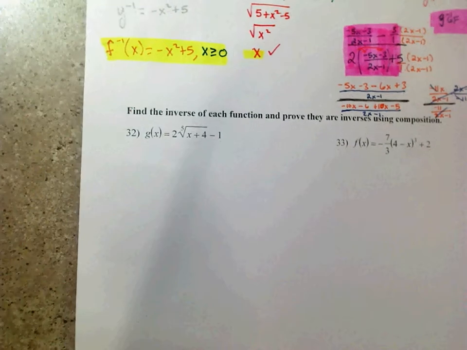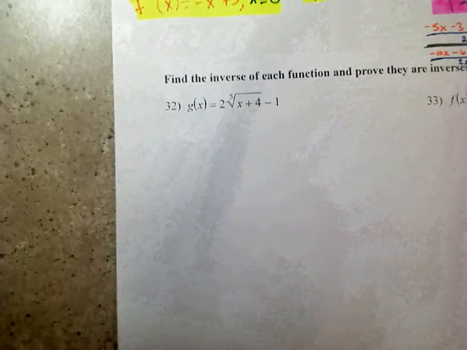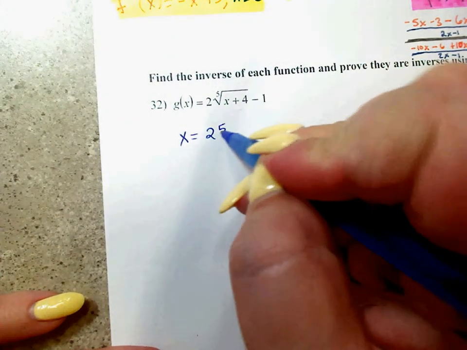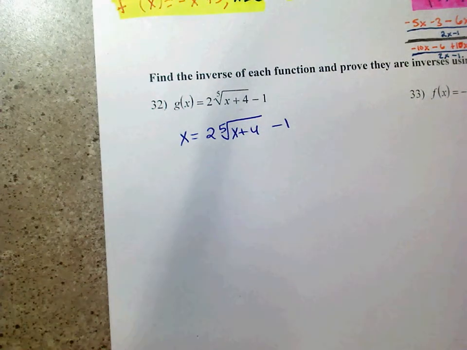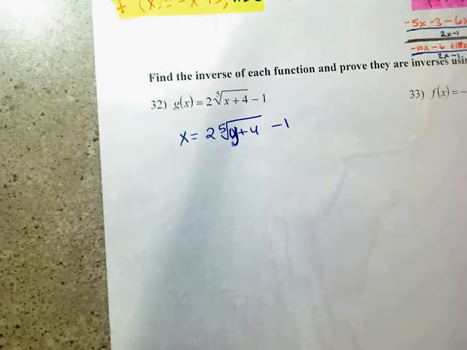So number 32. Find the inverse. So first off, x equals 2 times the 5th root of y plus 4 minus 1. We're going to add the 1.